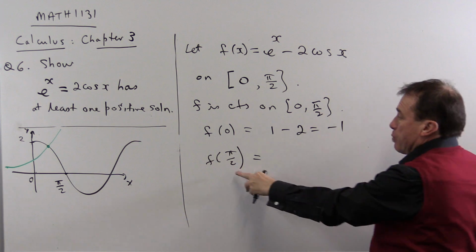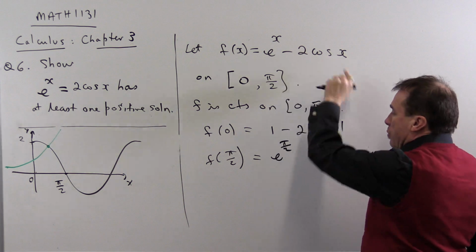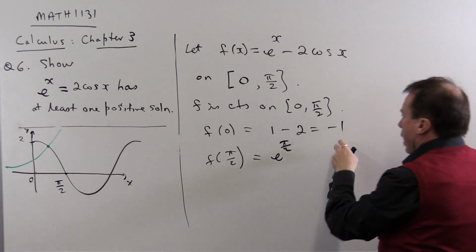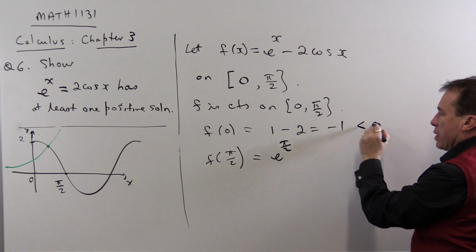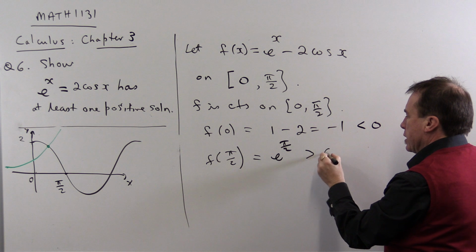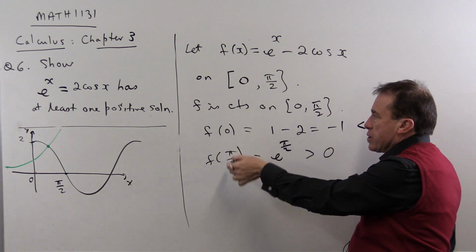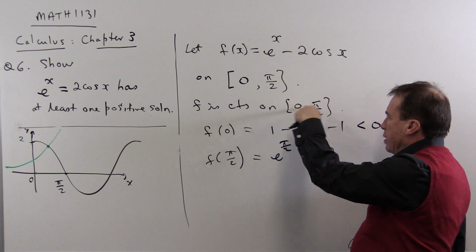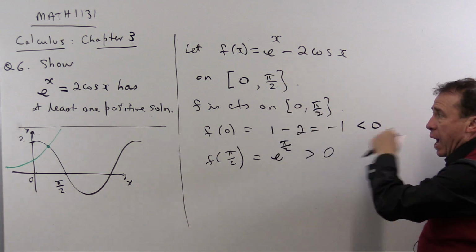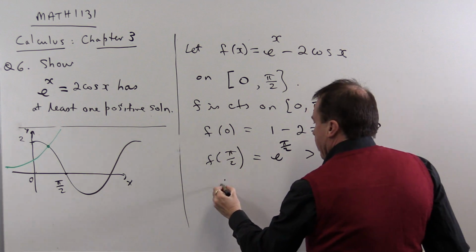On the other hand, if I put pi on 2 in, I get e to the pi on 2, cos of pi on 2 is 0, and e to the pi on 2 is some funny number on your calculator, but it's certainly positive. So f changes sign: at one end it's negative, at the other end it's positive, and it's continuous, so it has to be 0 somewhere in between.